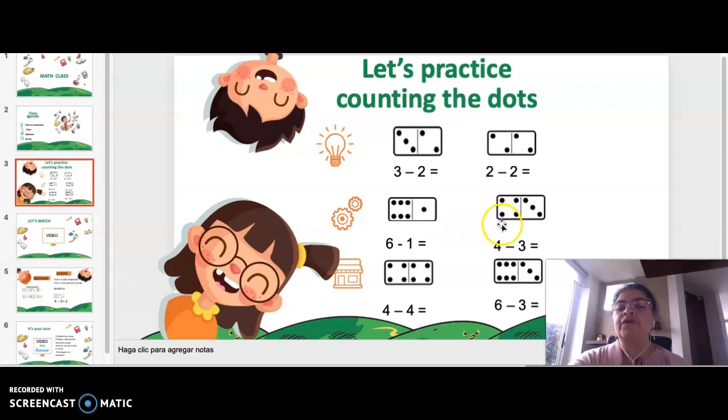Now, 4 that I have here minus 3 that I have in this domino, how is the result or the difference?